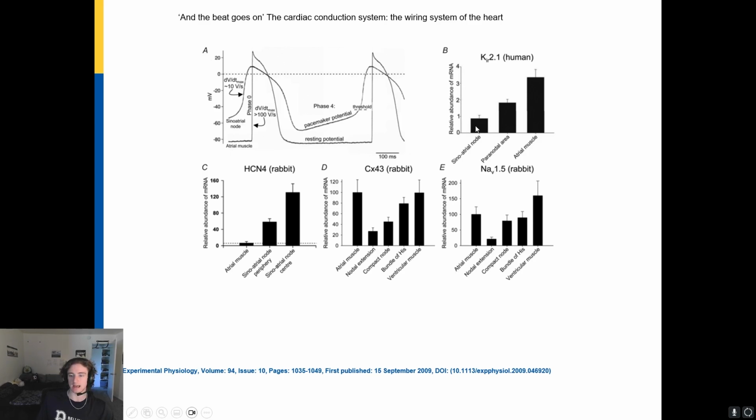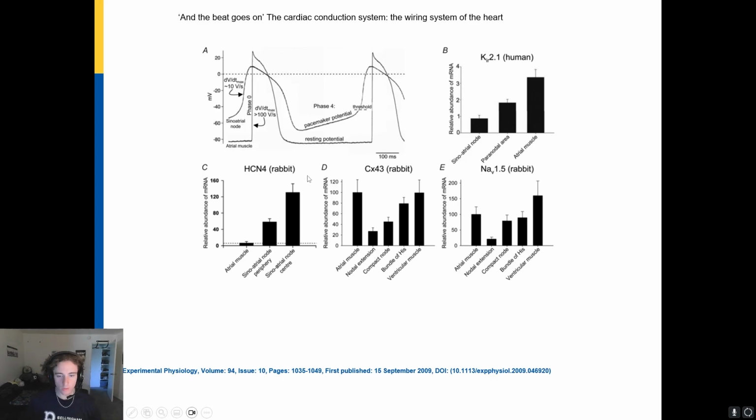So we can see as this Kir2.1 ion channel decreases, we get closer and closer to the SA node tissue, right? So less and less ability to maintain this resting potential, and higher and higher abundance of this HCN, the funny current ion channel.